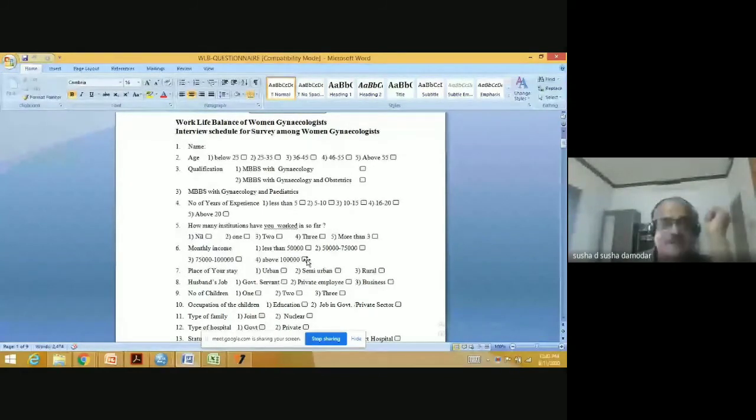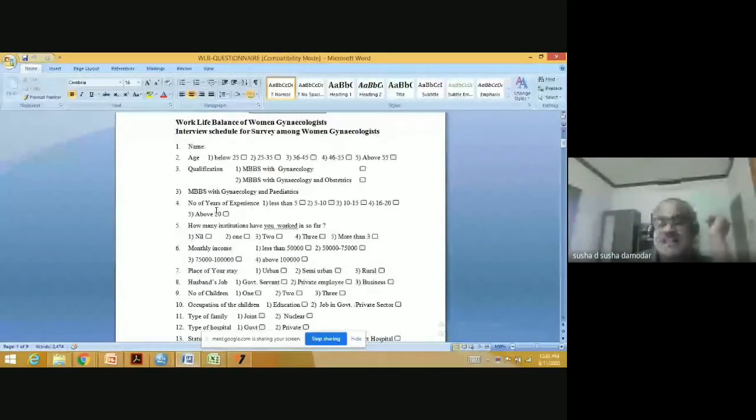So after collecting the data, we do the analysis. We do the analysis only for validating our hypothesis, the hypothesis we framed with the assumed relationship between dependent variable and independent variable.